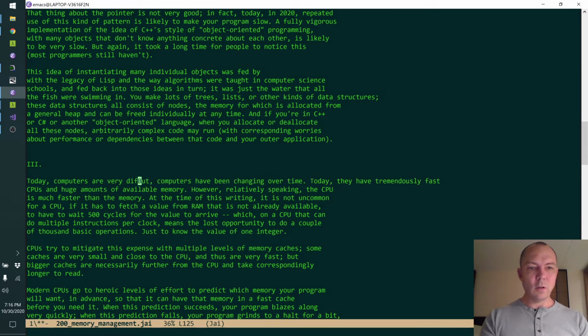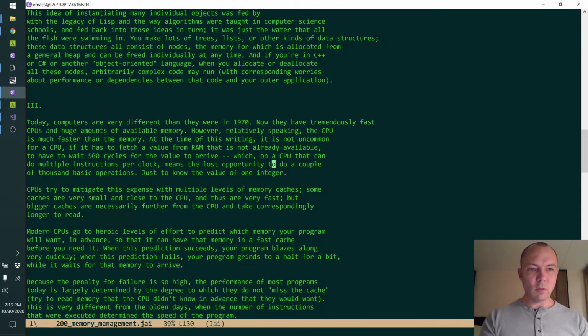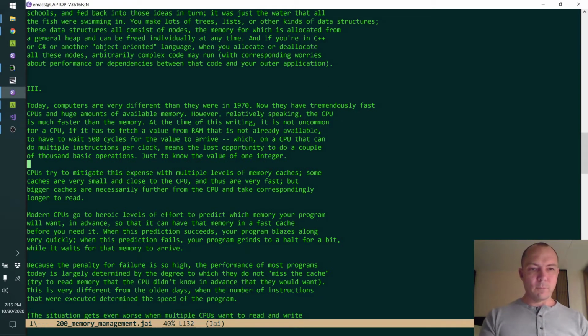Computers are very different than they were in 1970. Now they have tremendously fast CPUs and huge amounts of available memory. Which on a CPU that could do multiple instructions means the lost opportunity to do a couple of thousand basic operations.